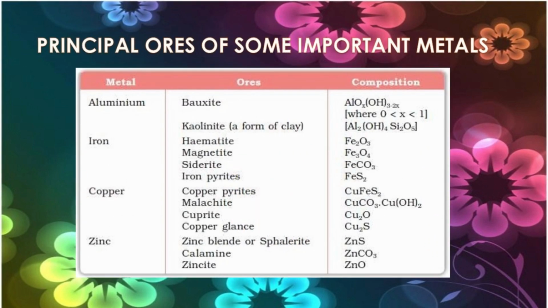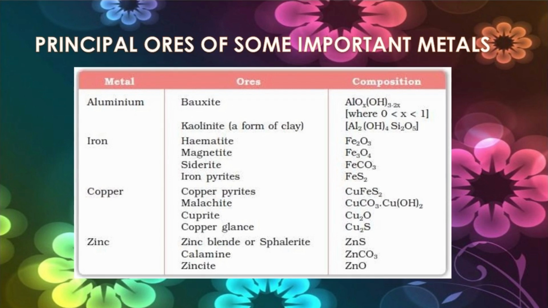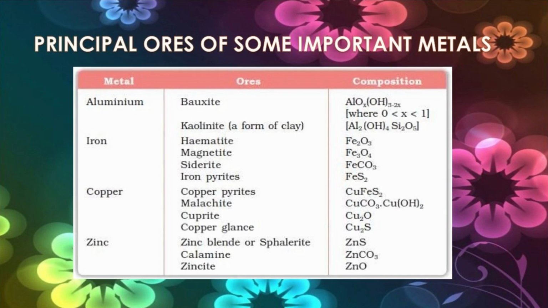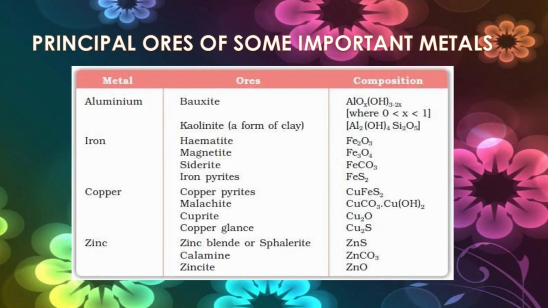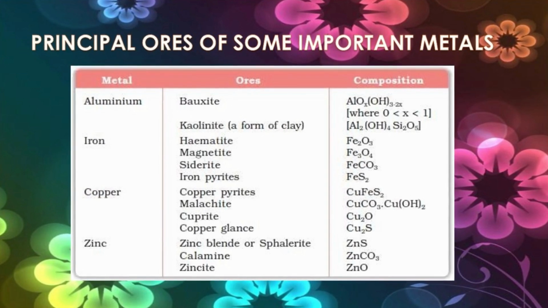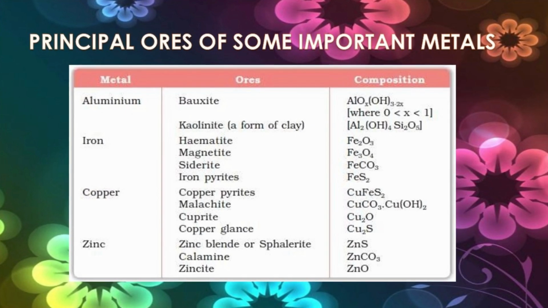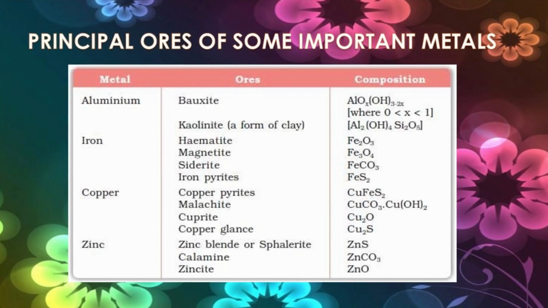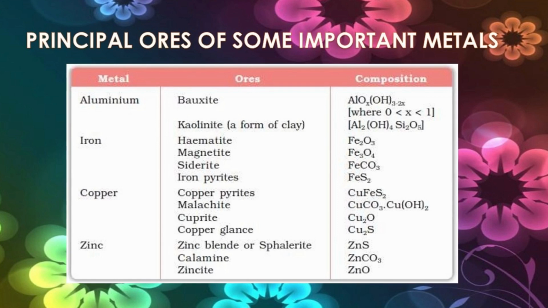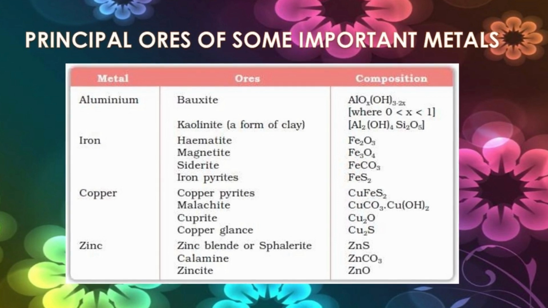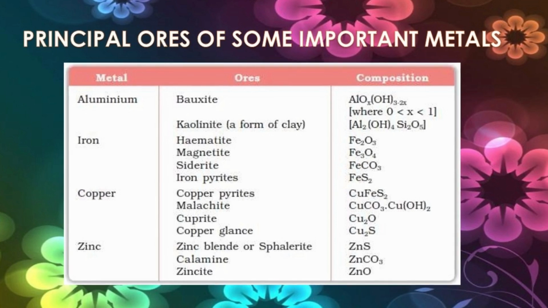These are the principal ores of some important metals. For the purpose of extraction, bauxite is chosen for aluminium. For iron, oxide ores, namely magnetite or hematite, are chosen for extraction. In the case of iron, we try to avoid sulfide ores because sulfide ores on heating give out harmful and polluting sulfur dioxide.